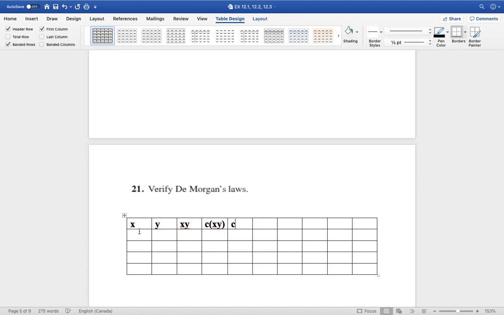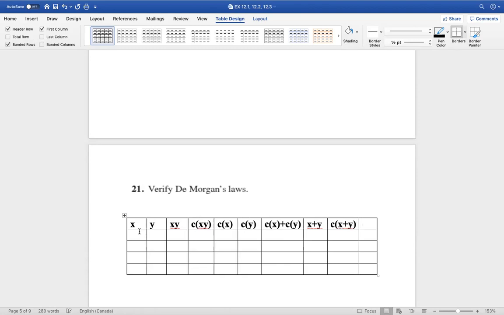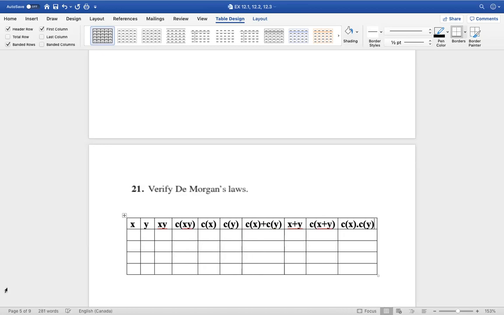Then we have the complement of x, the complement of y, then the complement of x plus complement of y, and then we have x plus y, then take the complement of the whole thing, x plus y, then we have the complement of x dot complement of y. Okay, that's good.